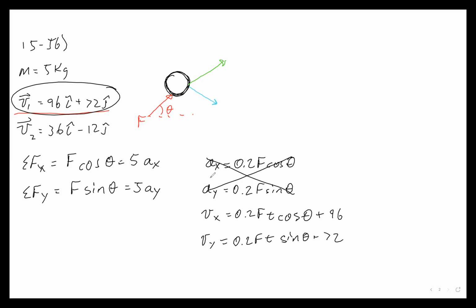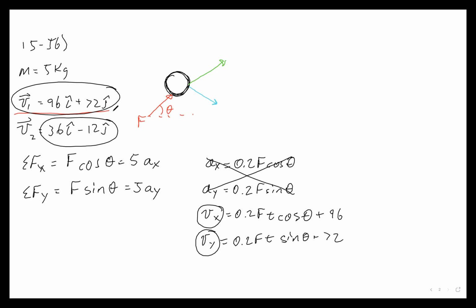But we unfortunately have vx and vy as unknowns as well. So, what do we do? Well, we do know that there are velocities here for x and y later that we are aware of. Okay, so if we plug those velocities in, we can find out what forces and theta angles we would need in order to satisfy those final values.